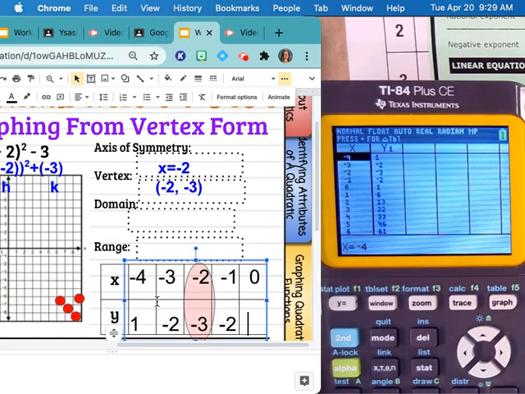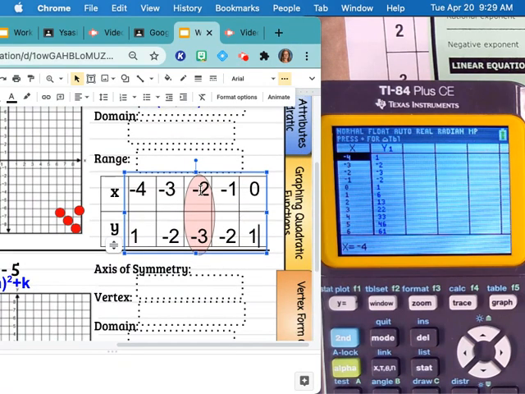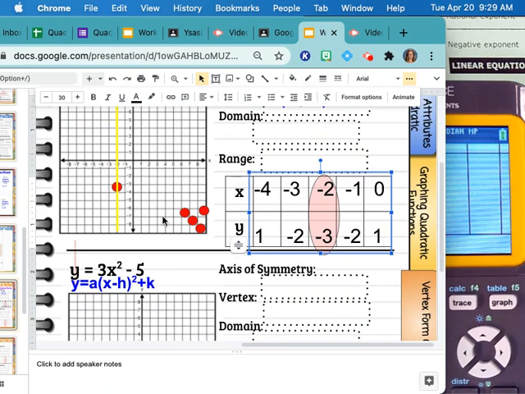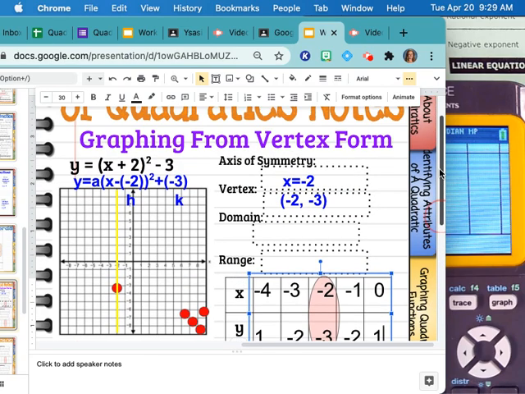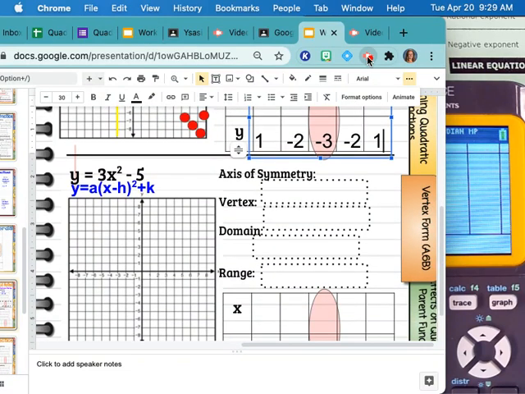And 0 is 1. See how even the table is symmetrical? You have a number in the middle. If you go up on the x's, you get negative 2, 1. If you go down on the x's, you get negative 2, 1. So it's also symmetrical. So what I want you to do is finish these 2 examples for your homework. Just graph it on that, and then graph this one. Do your table of values.